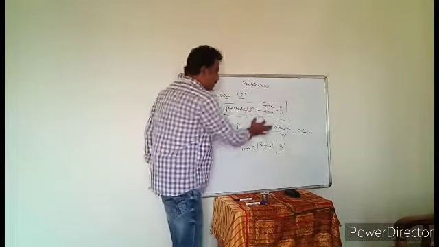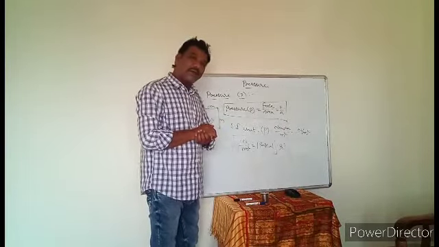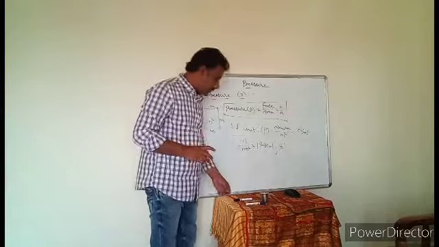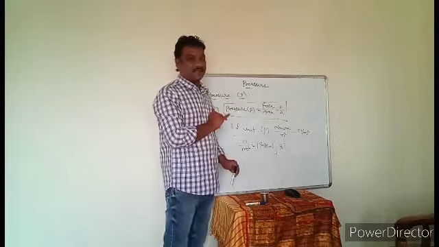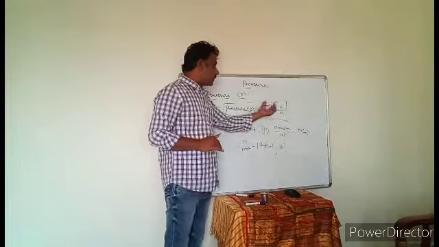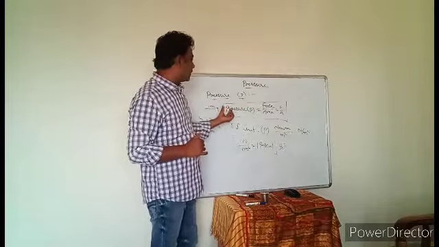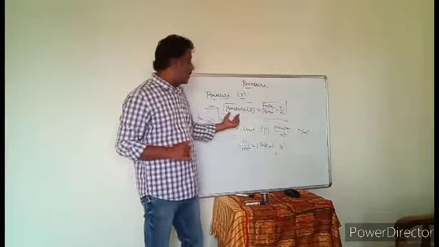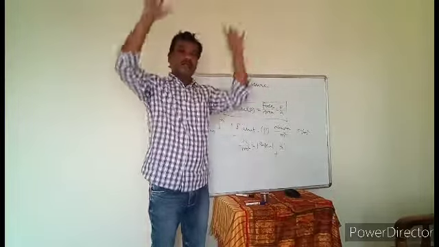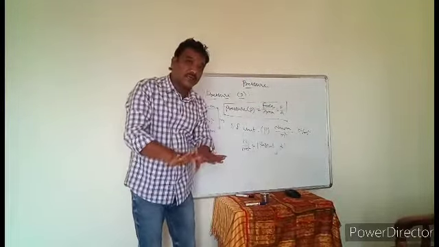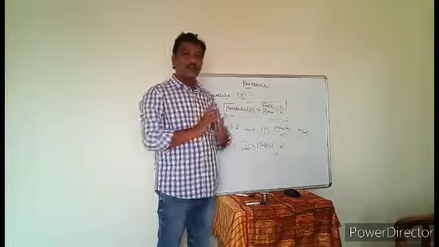Now see here, when the area of contact increases, the pressure value decreases. When the force increases, the pressure increases. So the relation between pressure and force is that pressure is directly proportional to force. When force increases, pressure also increases. When force decreases, pressure also decreases. This is direct proportionality between pressure and force.